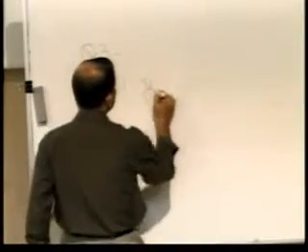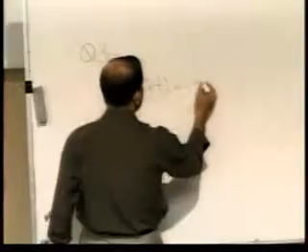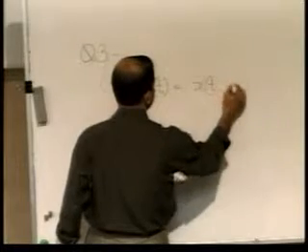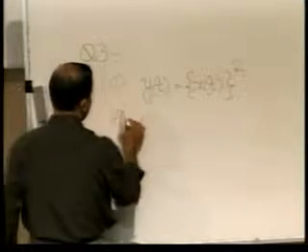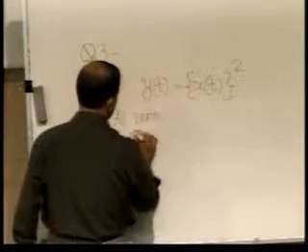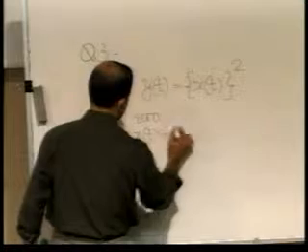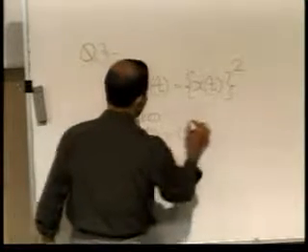So if we consider the system y(t) is equal to x(t) squared, it is very clear that an all 0 x(t) will produce an all 0 y(t).